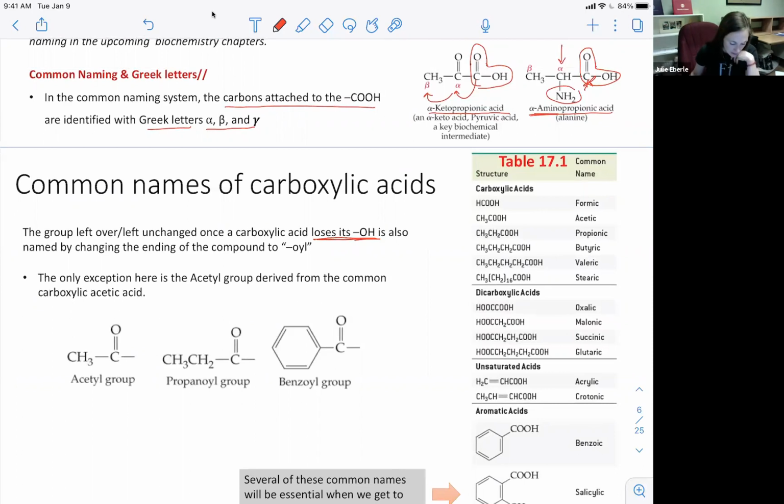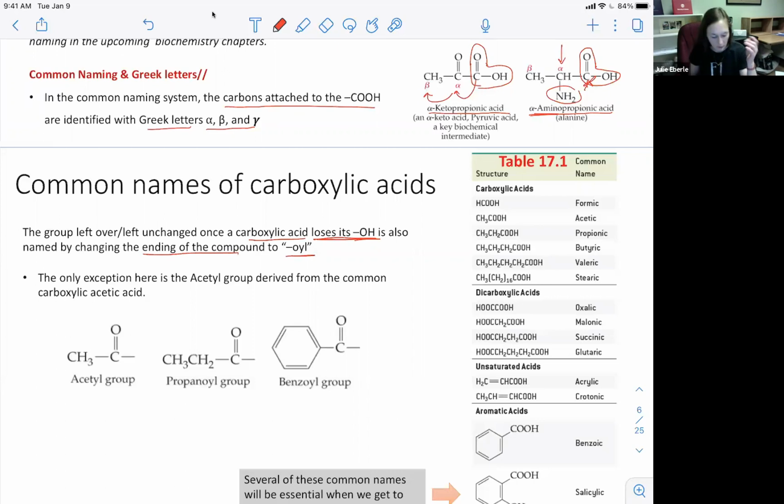The group left unchanged once a carboxylic acid loses its OH, we name as a substituent. They name the parent part of the group and add the ending OYL.